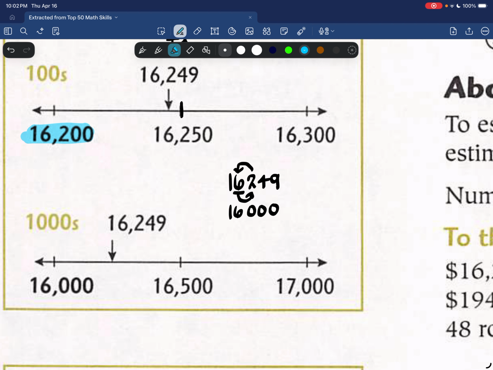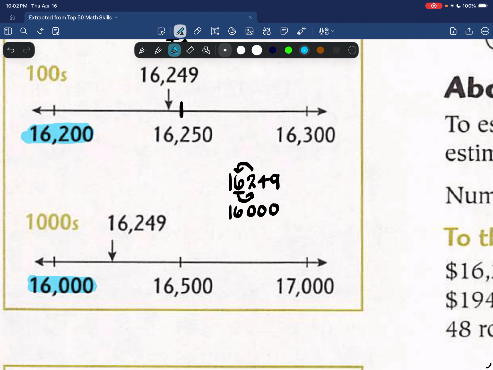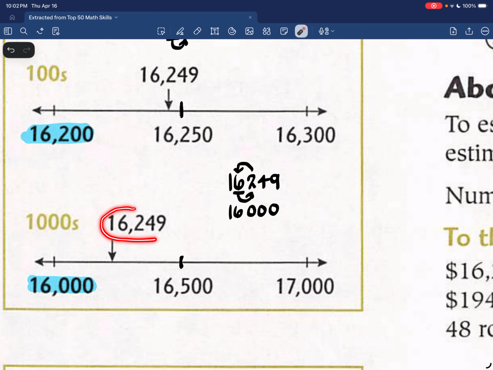And you can actually see that on the number line. Because if you look at this number, the 249 is much closer to this side than it would be to this side. Because that halfway point, which is always important if we're rounding, is 16,500. And the number we're looking at is below 16,500.